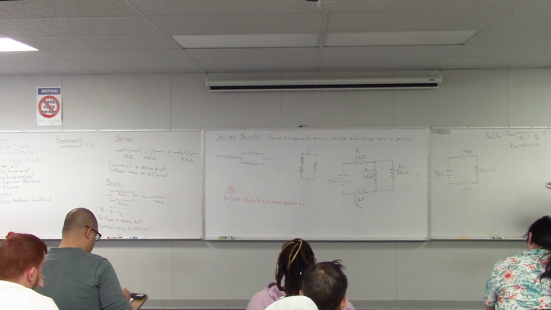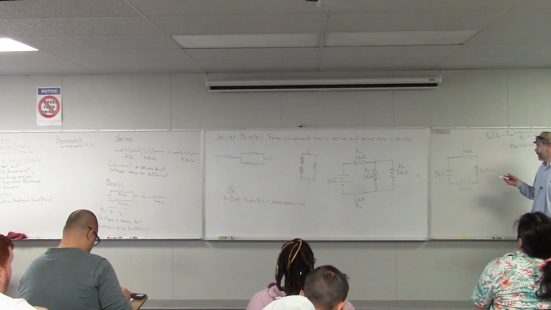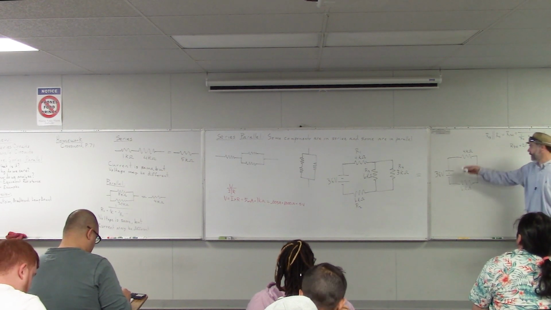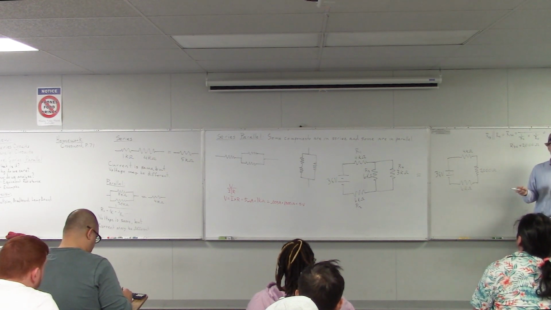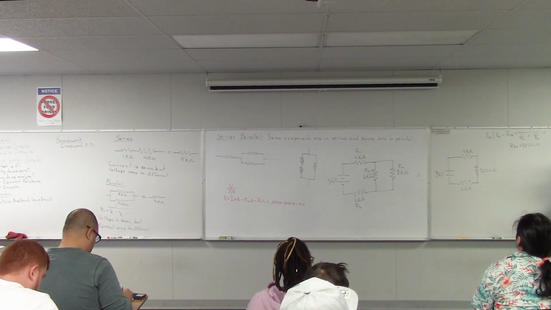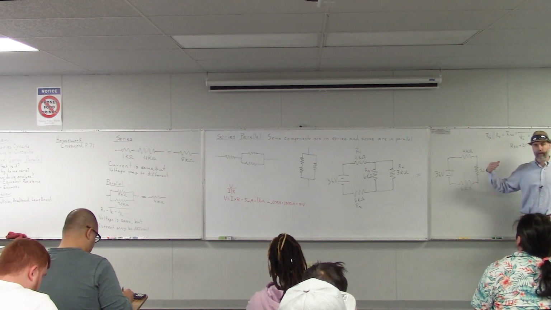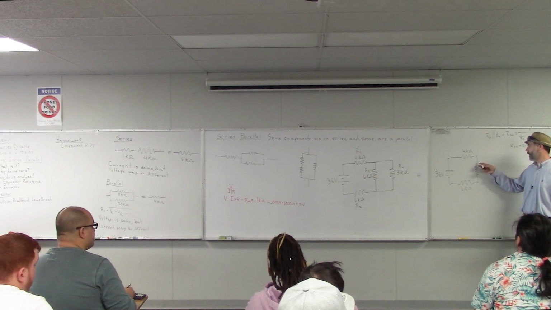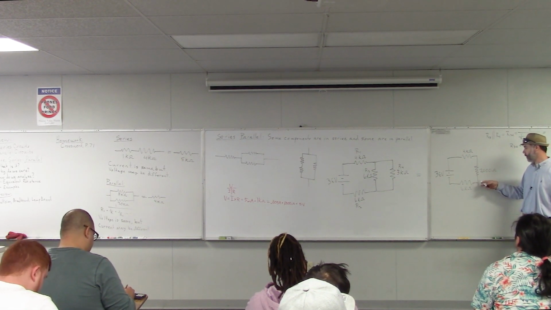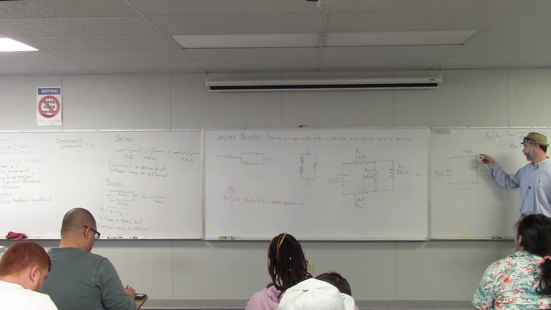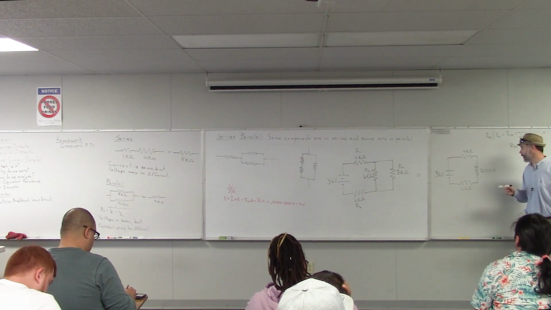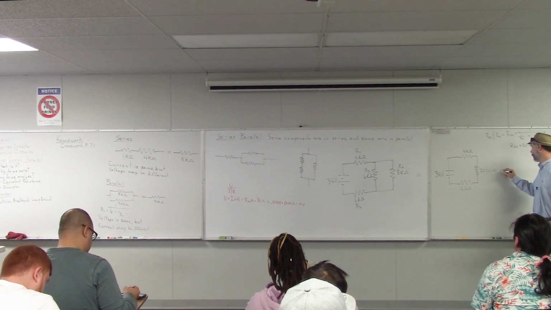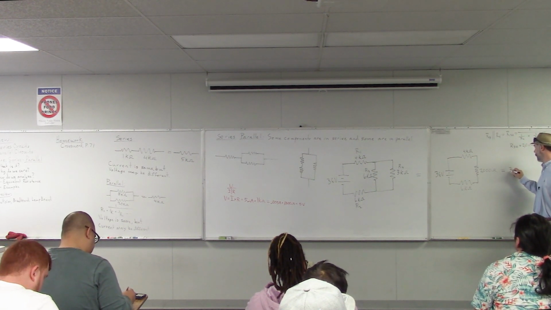Now we see if we can find any resistors that are in series or parallel. Are these resistors in series or parallel? They're all in series, exactly. Even though they're not in a straight line, the important thing is that the end of one resistor is connected to the beginning of the next, and the end of the second one is connected to the beginning of the third. They have nothing in between them. So we can find their equivalent resistance. How do we find that?